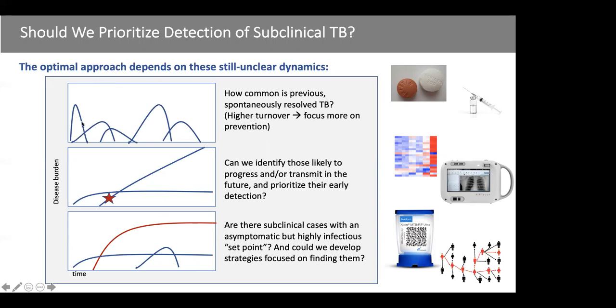If you have high turnover, lots of people developing subclinical TB, potentially infectious, potentially contributing to transmission, but each person only in that state for a short period of time, then focusing on prevention, whether that's preventive therapy or the vaccine pipeline, is probably the intervention that makes the most sense and the only way to really realistically prevent that transmission from occurring.